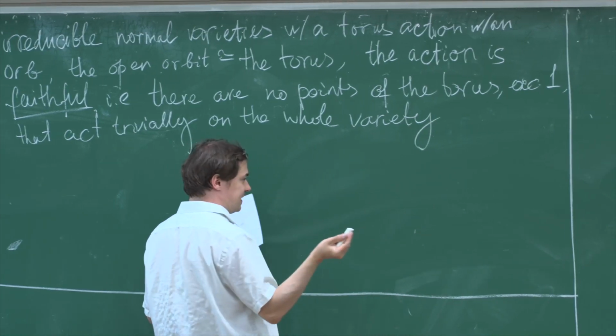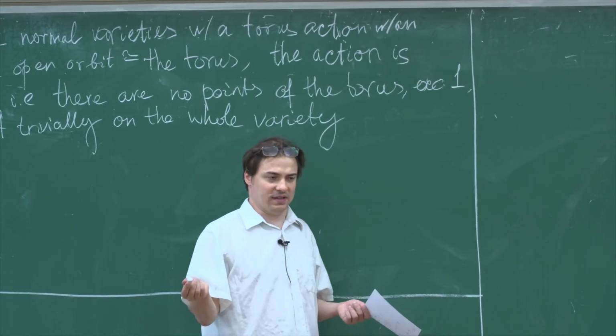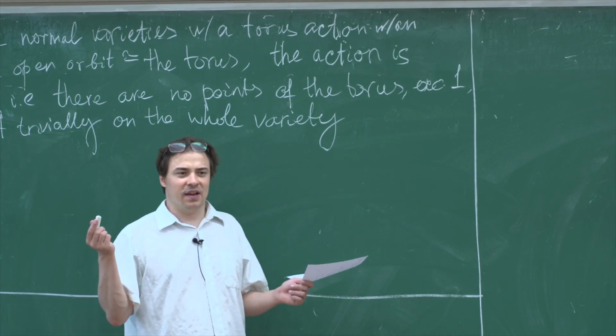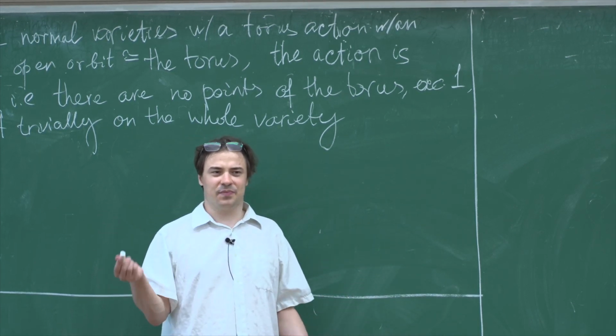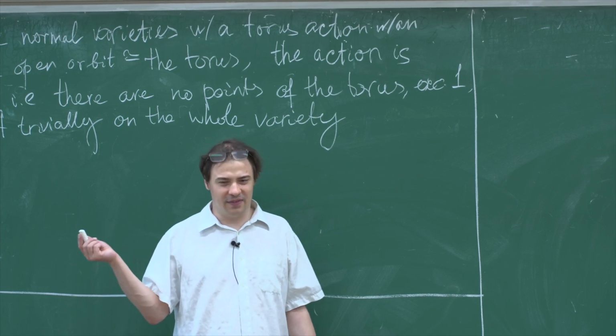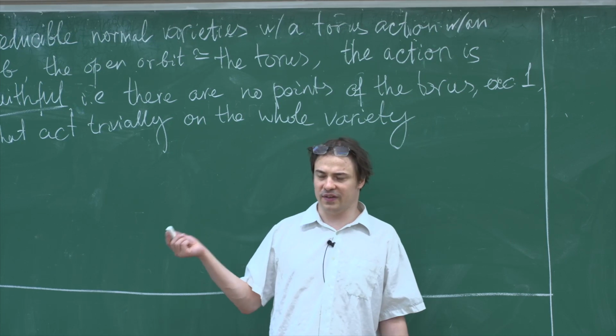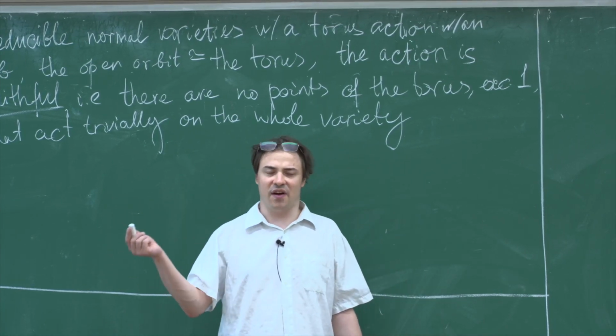Act trivially means don't move any points. It is possible that some elements of the torus fix some points. There are also even fixed points of the whole torus, but there are no points of the torus which fix the whole variety.